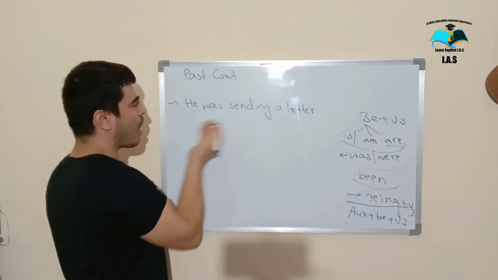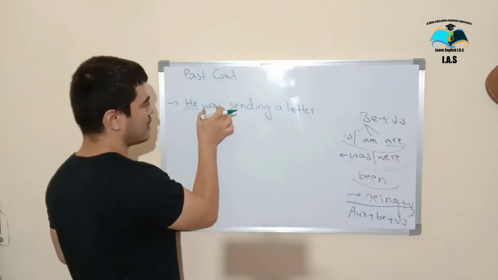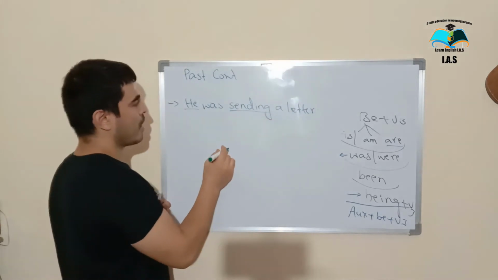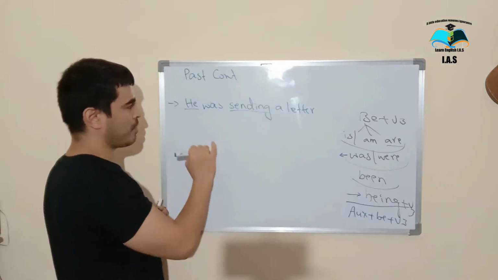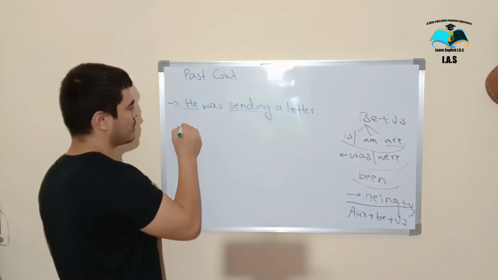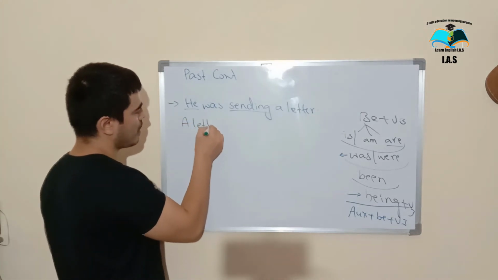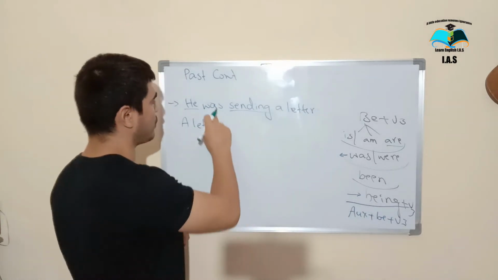right? So again, you have to analyze the subject, the object, the verb. It modifies that we are talking about past continuous tense. How can we change it into passive? We have to bring the object as the subject. We can say a letter, because we are talking about the past, so I have to use was.